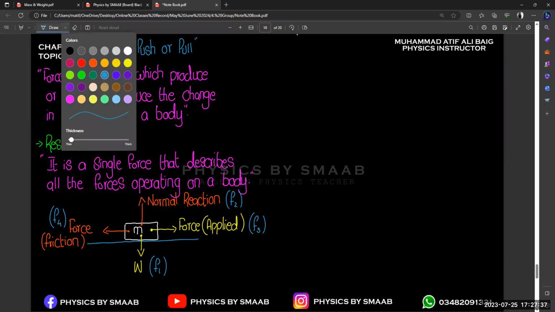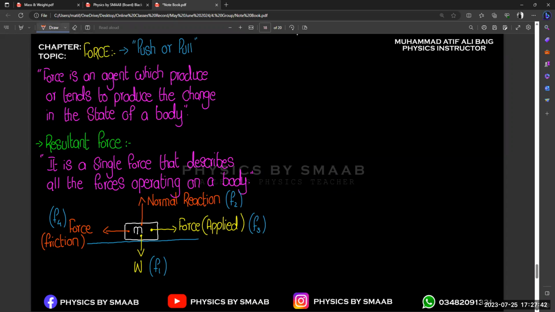Let's suppose we want to find the resultant force, so your resultant force will be like this. Let's suppose this is FR, the resultant force. That is the sum of F1 plus, now F2 is in the opposite direction, so we first add plus, then minus F2. The same goes for F3 plus minus F4.